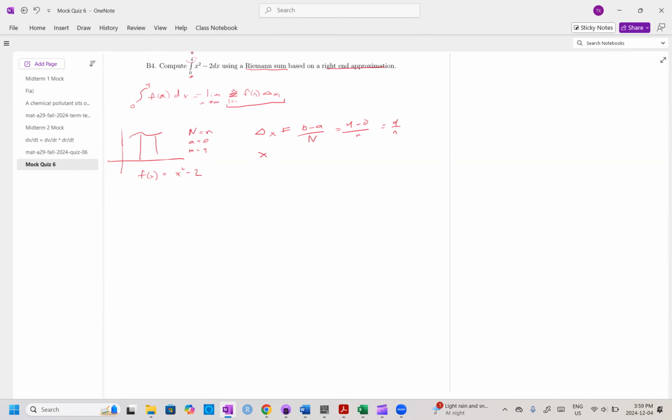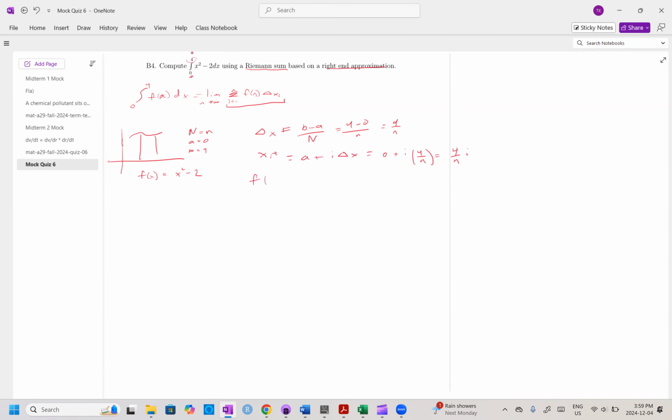Now, xi star, because it's a right-hand approximation, is going to be a plus i delta x, which equals, because a is 0, 0 plus i times 4 over n, which equals 4 over n times i.